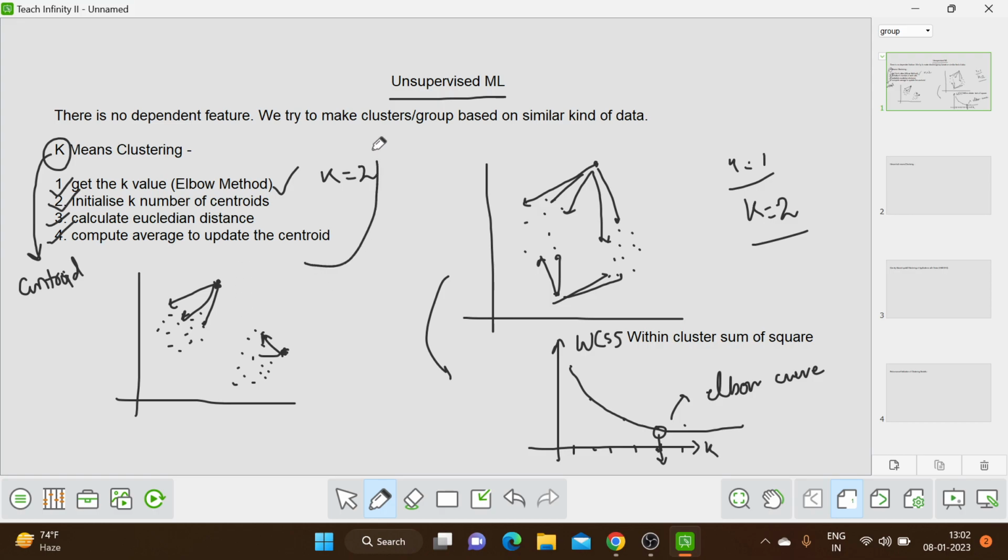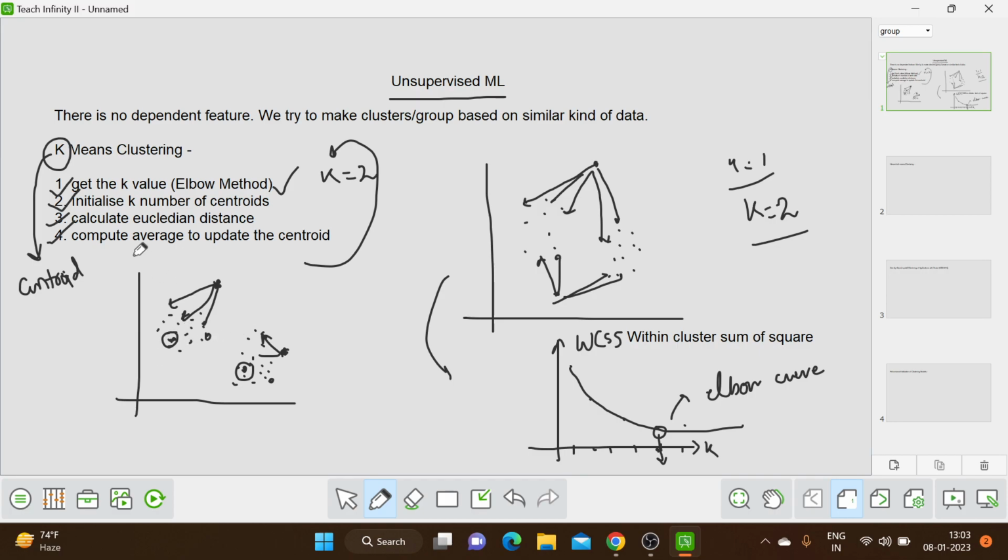Next, I repeat the same methods again. Initialize k. Now my k comes here, like that. I try to move the centroids several times. Next, we calculate the average. Whichever average comes to be less or the most accurate, we take that as the centroid. Suppose my original centroid comes over here.